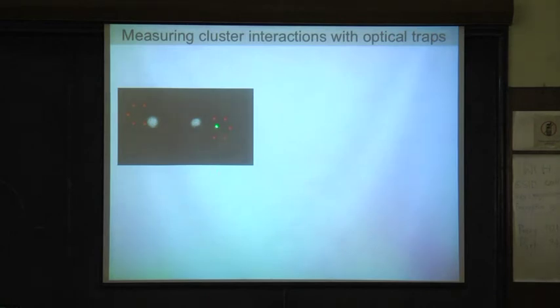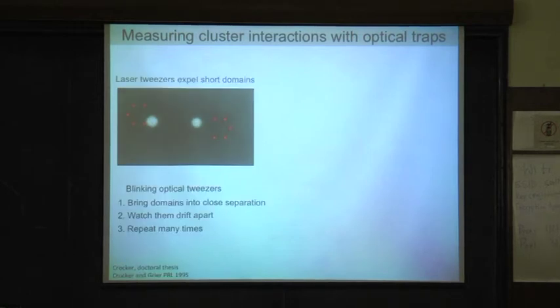In this technique, we take a pair of optical traps. These clusters are repulsive to optical traps, so we cannot really hold them, but we can push them. So we have these two snow plows, and we bring them closer than what they would normally approach one another under equilibrium conditions, and then switch off the traps. So this is the video.